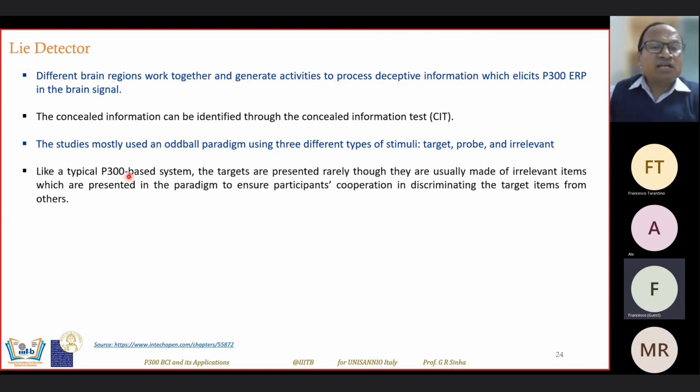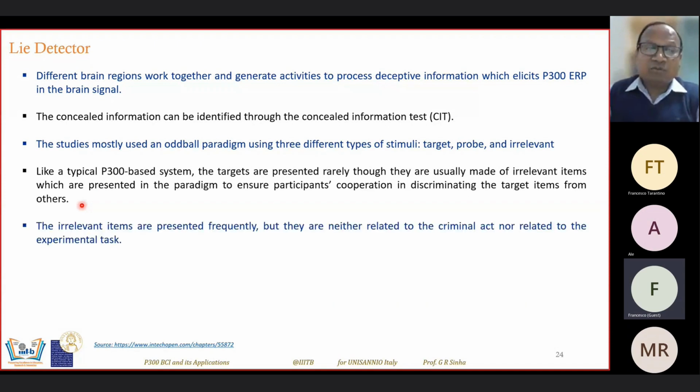Like a typical P300 based system, targets are presented rarely, mixed among irrelevant items. So the target which the investigating officer wants to assess from the person will be presented very rarely, to ensure the participant's cooperation in discriminating the target items from the others. So many things will be shown in addition to the target. Whenever the target comes, his response will be observed.